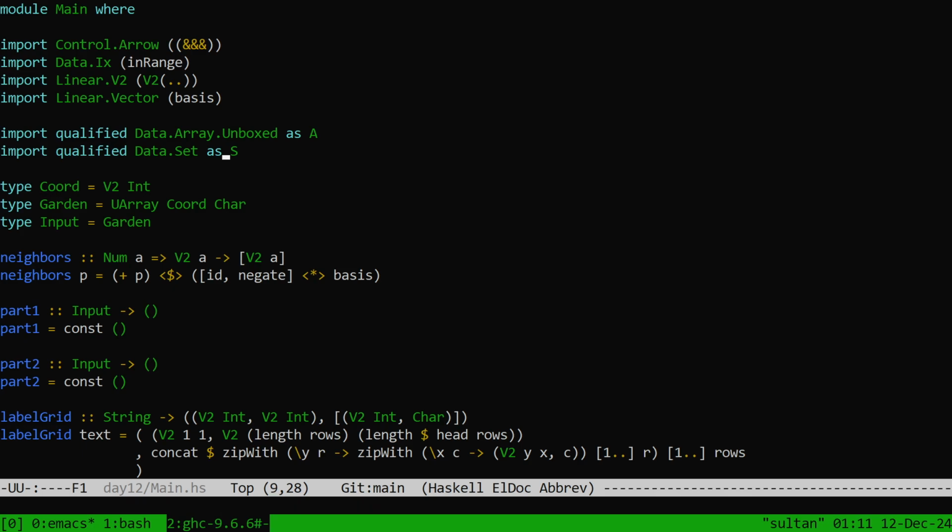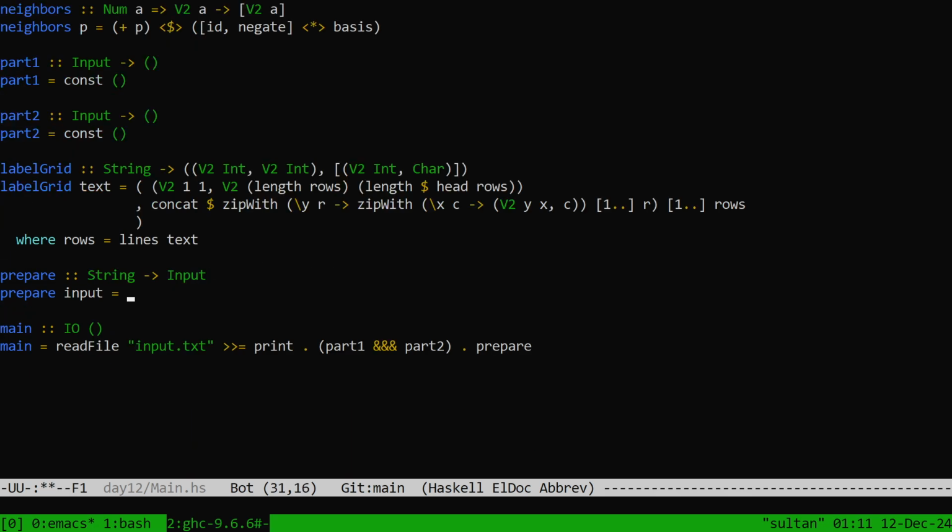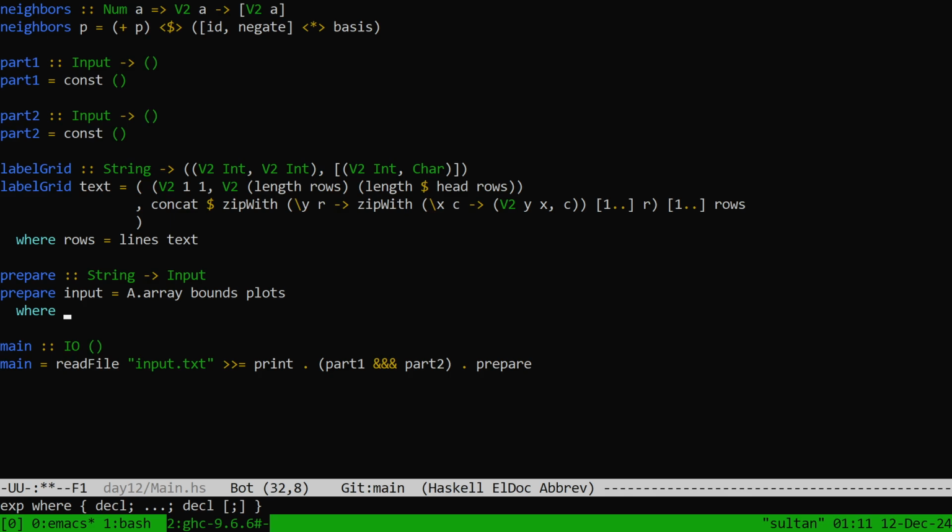Okay, great. So we call array with bounds and plots, where, I mean, this is simple: bounds and plots equals label grid of input.